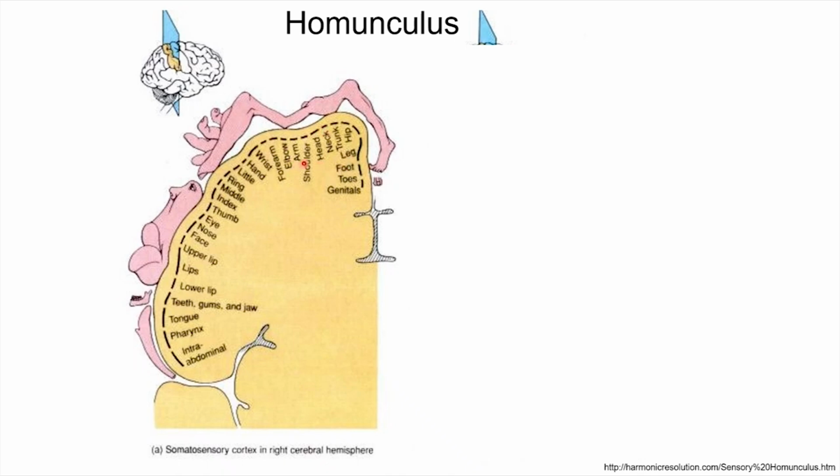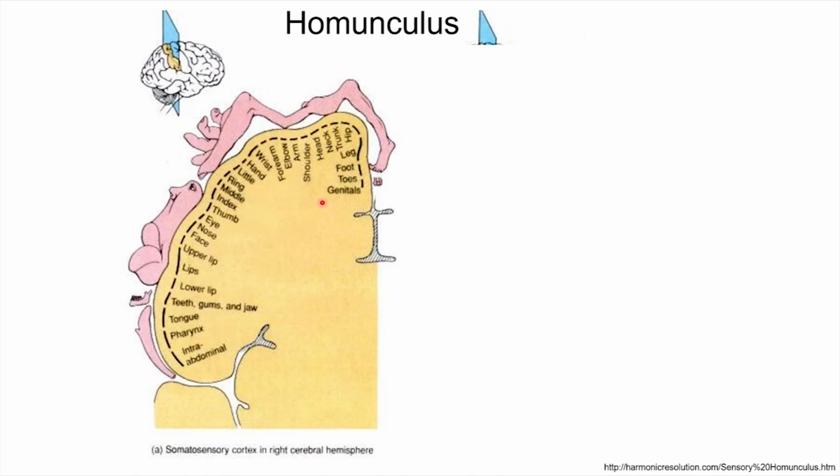This is the touch information, the sense of touch that is coming into the somatosensory cortex. And typically nearby areas in the body are nearby in the somatosensory cortex, although it's not really like that. For instance, the genitals are located close to the feet. So there are some variations from how close body parts are in the body and how close they are in the somatosensory cortex, but it broadly matches that.